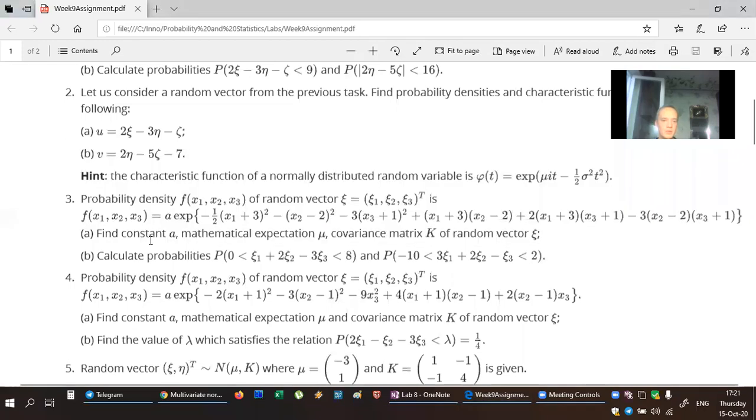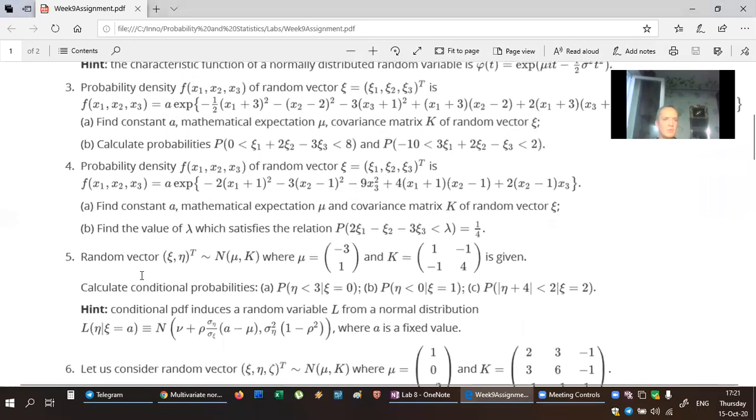By the way, any questions regarding this task? Maybe you have something to ask. No questions. All right. Also 3B you can solve yourself. Number 4 is the same. Nothing new here.